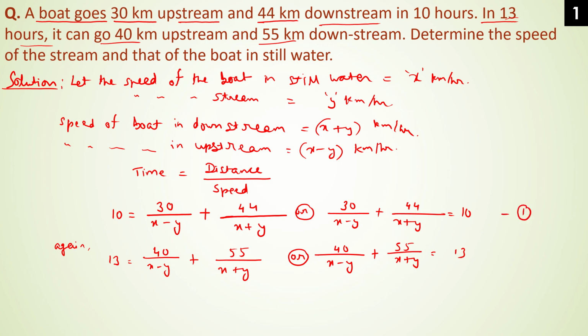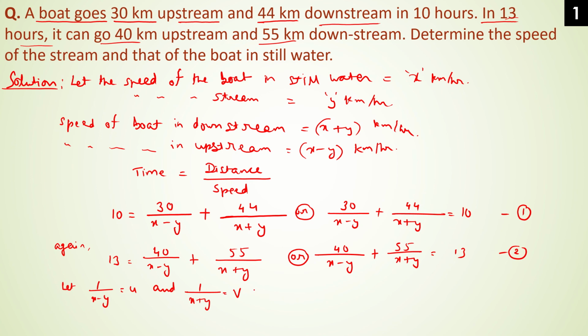Let us assume that this is first and this is second. Let us put 1 upon x minus y equals to u and 1 upon x plus y equals to v.